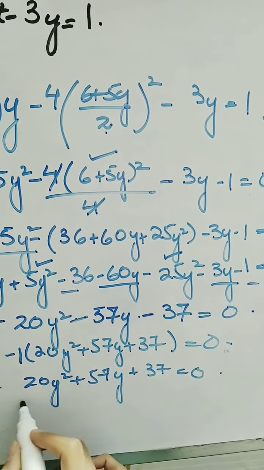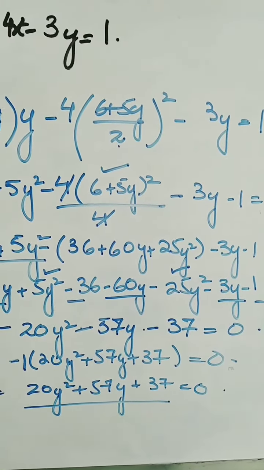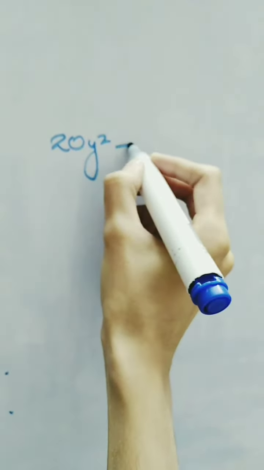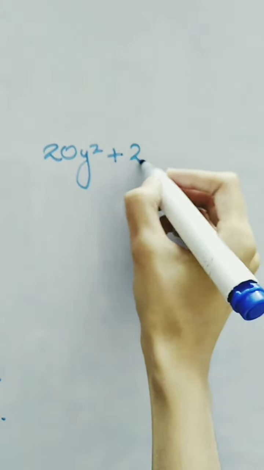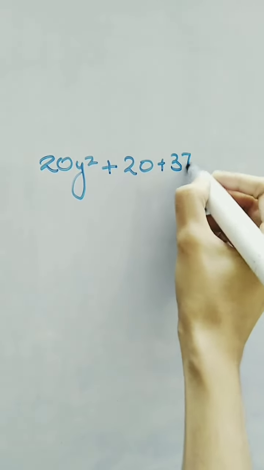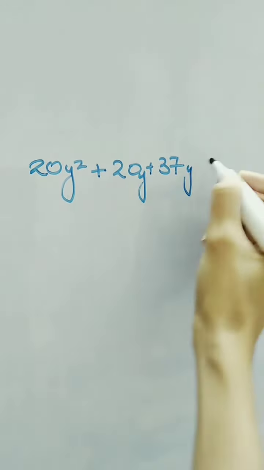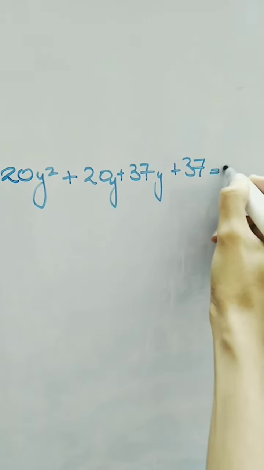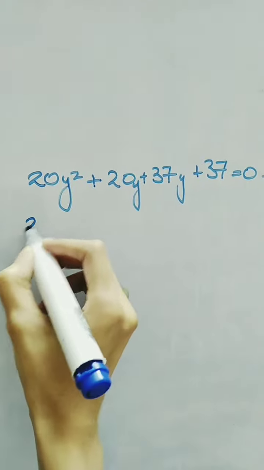Now we will factorize this expression in order to get the value of y. We have 20y square, and we simply break 57 into 20 plus 37y. 20y into y plus 1, plus 37 into y plus 1 is equals to 0.